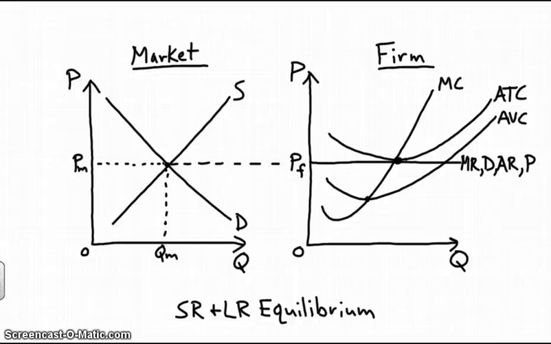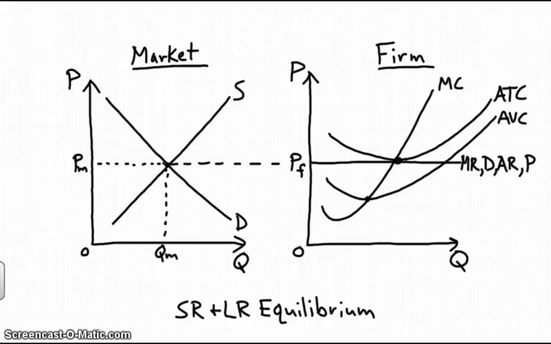The vertical distance at every quantity between the average total and average variable cost is equal to the average fixed cost. So we don't draw it in and clutter up the graph. But these are the elements that show what the cost curves would look like and where they would be positioned in relation to our price for the firm, or the Mr. DARP: marginal revenue, demand, average revenue, and price.